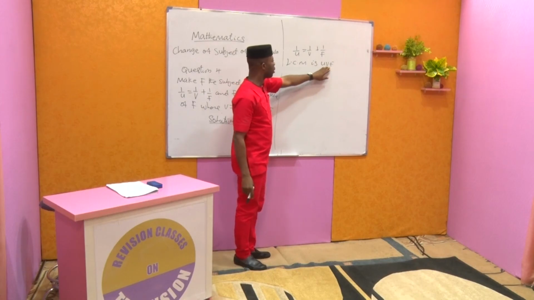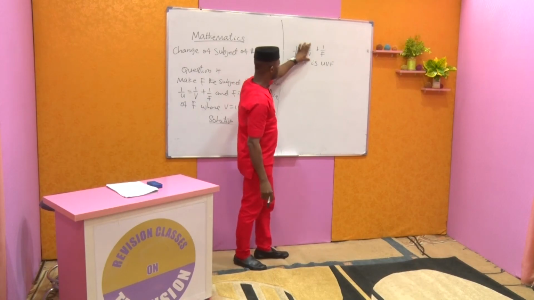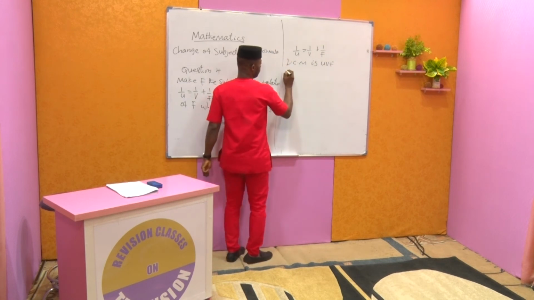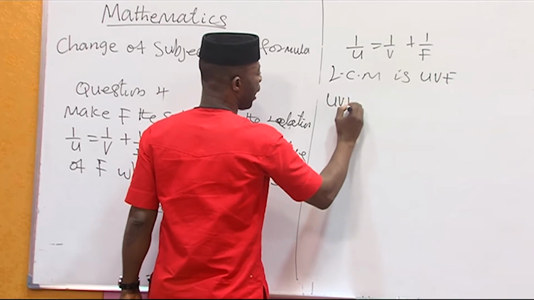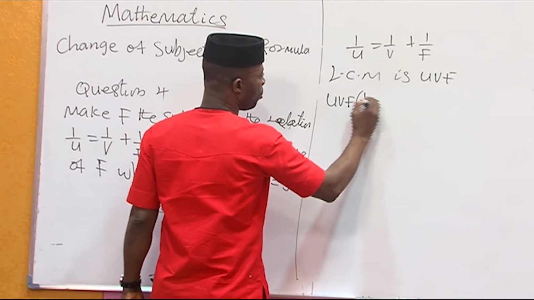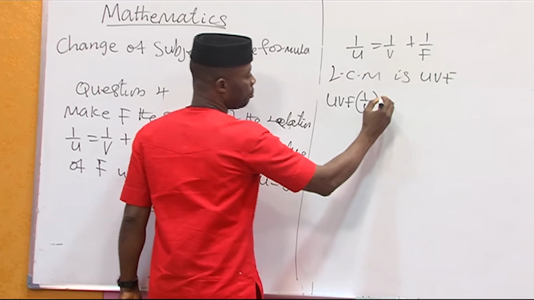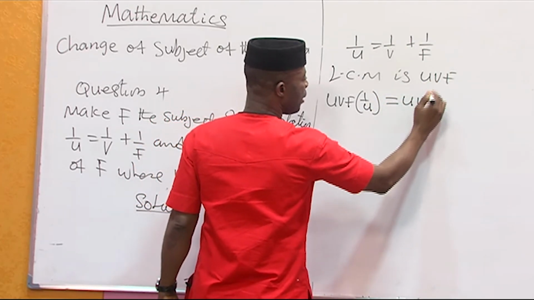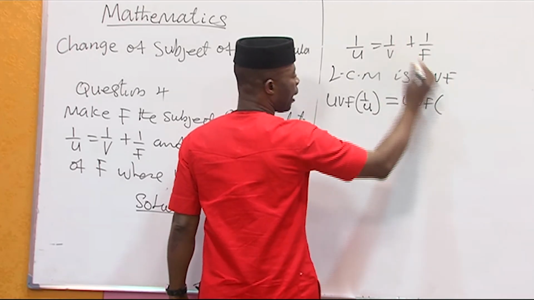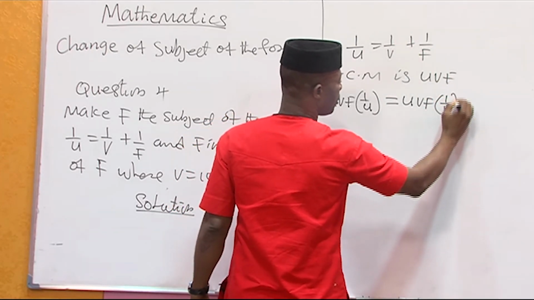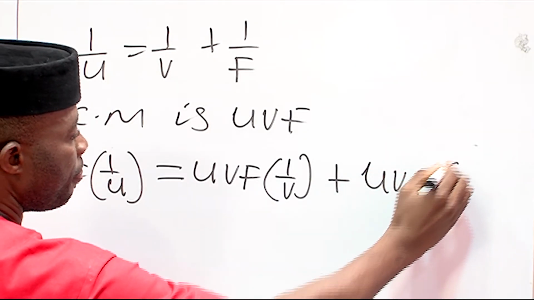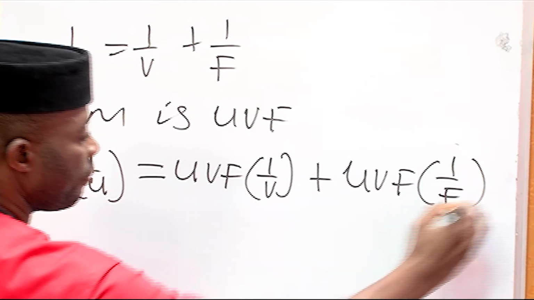So let's multiply all this equation by UVF. UVF bracket 1 over U equals to UVF bracket 1 over V plus UVF bracket 1 over F.